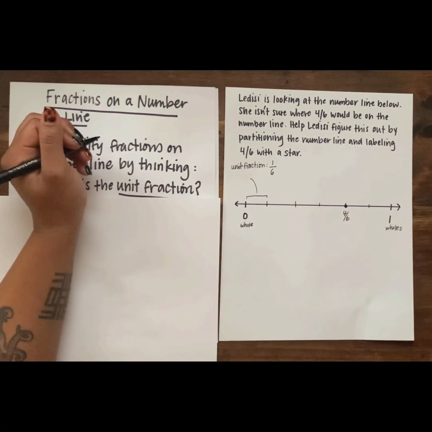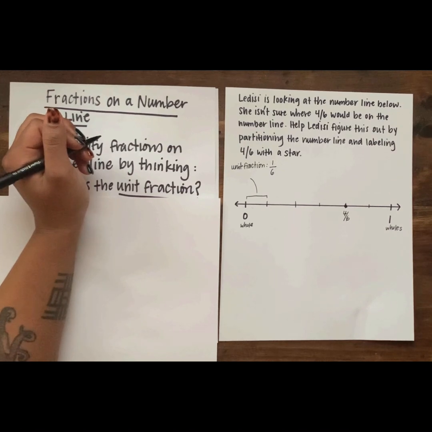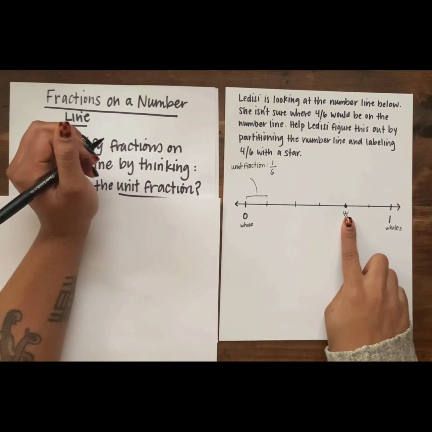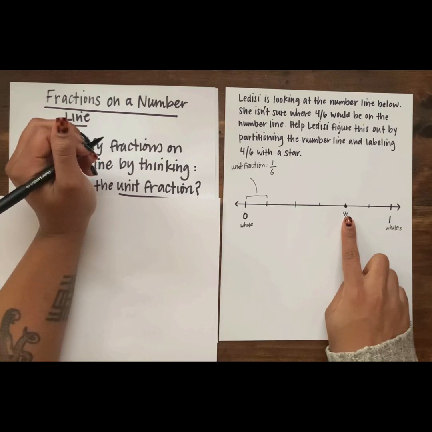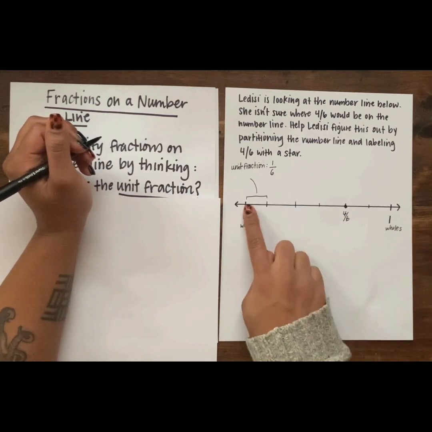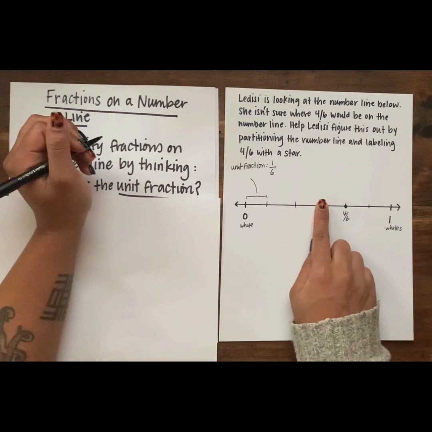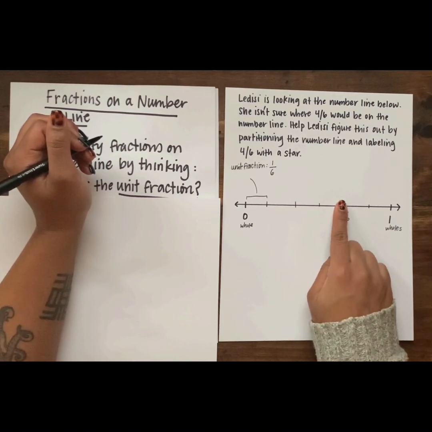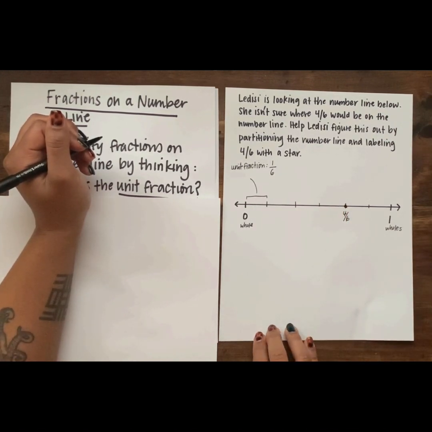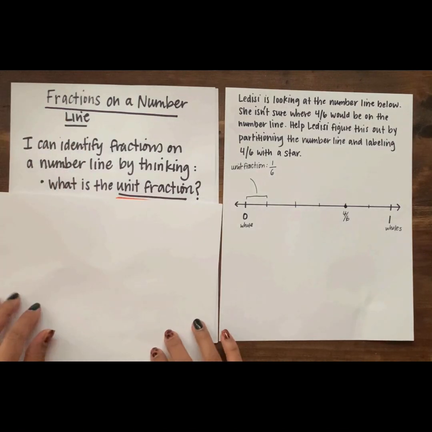Team, I've got a tricky question for you. Why is it 4/6 and not just 4? Why didn't we count 1, 2, 3, 4? Say your answer out loud.